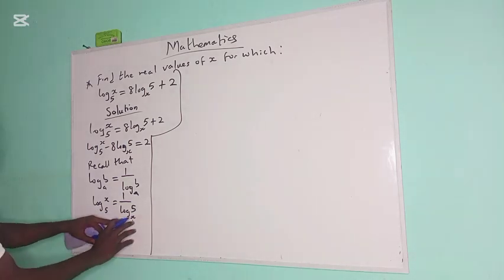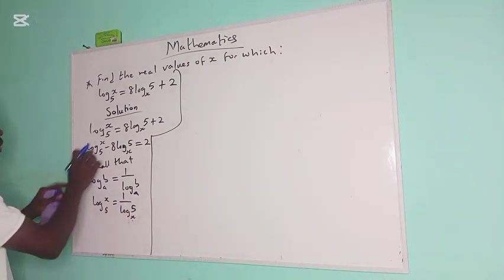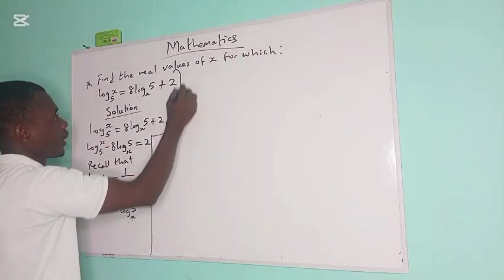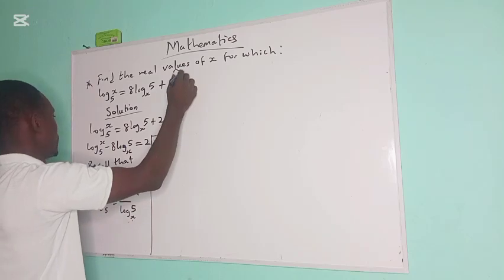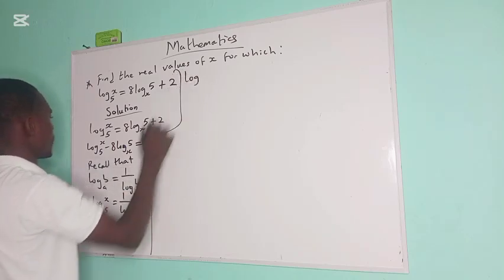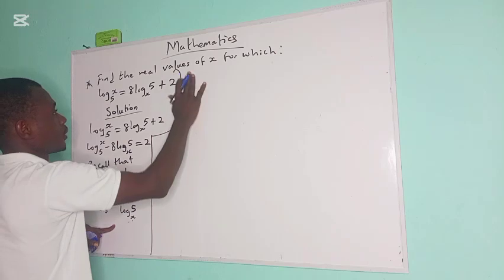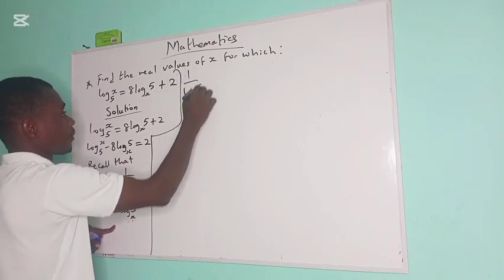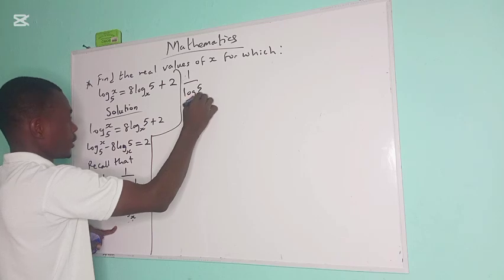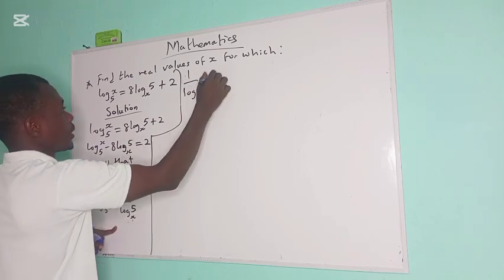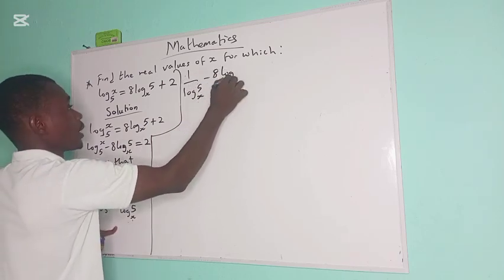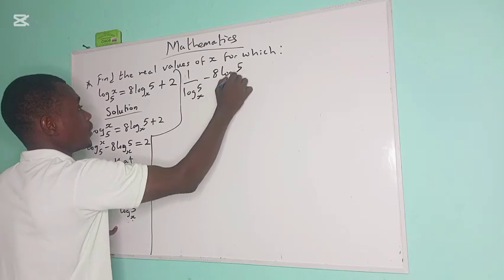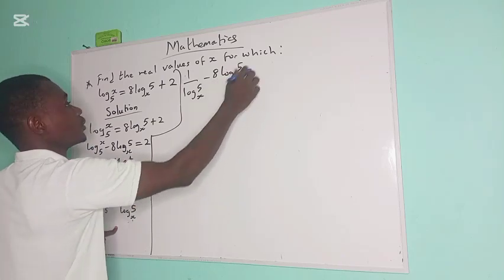So take this to this side, so that will become 1 over log 5 base x minus 8 log 5 base x is equal to 2.